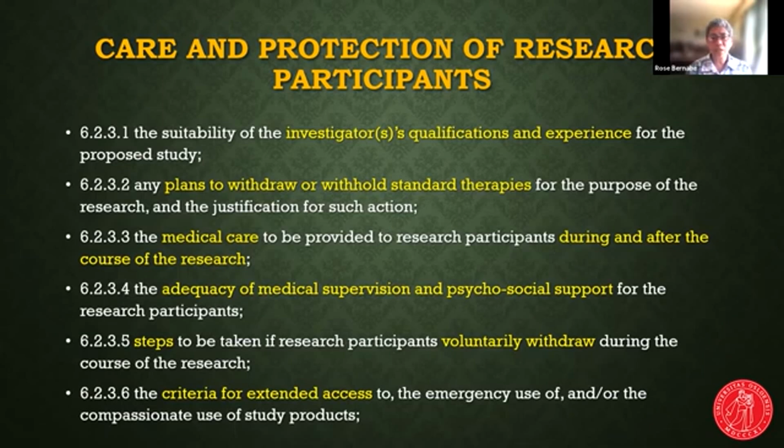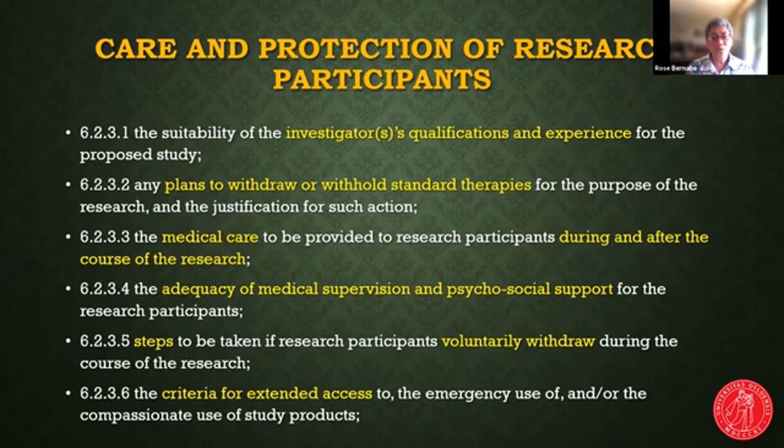So it may be that research will require research participants to not take the standard therapy, especially if you're doing an experiment on a drug, on a specific disease, and you want to test, for example, how safe this drug is, and therefore you don't want at least the research participants in the study arm to also take the standard therapy if such exists, right?